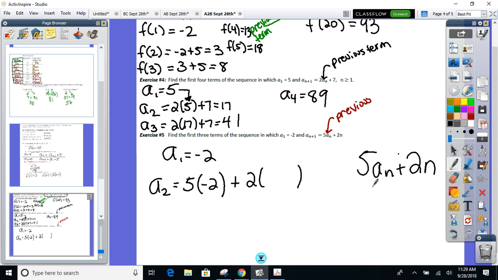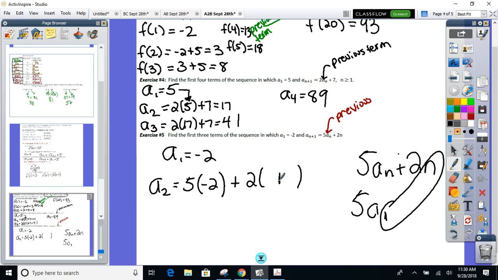Everyone agrees? What did I just plug in for n? 1, correct? And that matches that n right there. Okay, so I'm going to be plugging in 1.